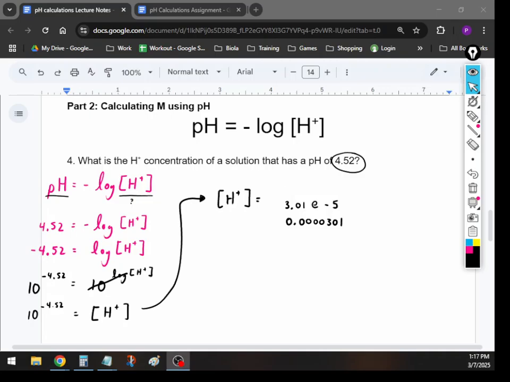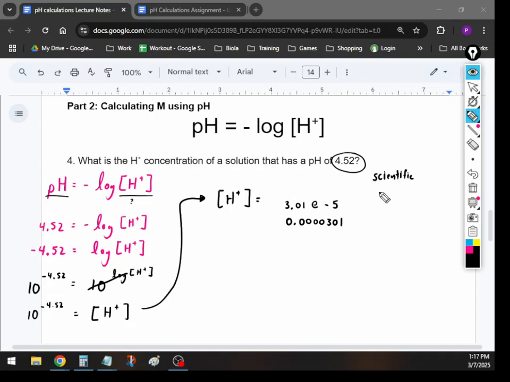So if you guys take a look, this number is very, very small, right? And so in science, since we work with either really big numbers or really small numbers sometimes, we have to use a method of writing our numbers called scientific notation. I want you guys to write this down.